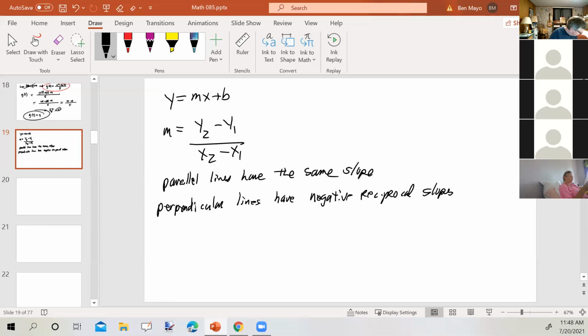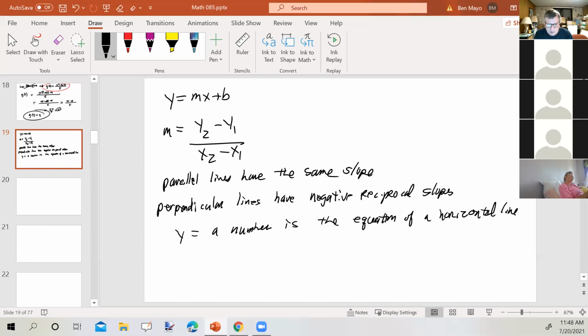Oh, y equals a number is the equation of a horizontal line. So we had those things. Does anybody need any examples where one of those rules is used? Again, this goes back to 8.2.